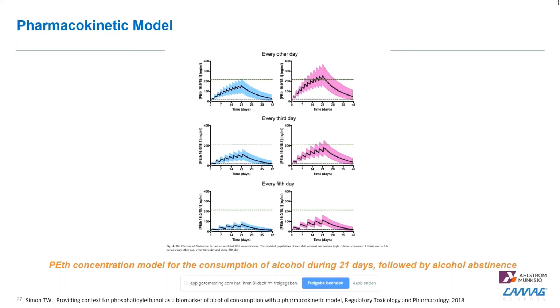What we can see is that over time, when consuming regular amounts of ethanol, the phosphatidylethanol concentration reaches a plateau level where the formation and the elimination hold each other in equilibrium. Once the consumption of ethanol is stopped, we have a decay with a certain half-life of phosphatidylethanol within the human body.